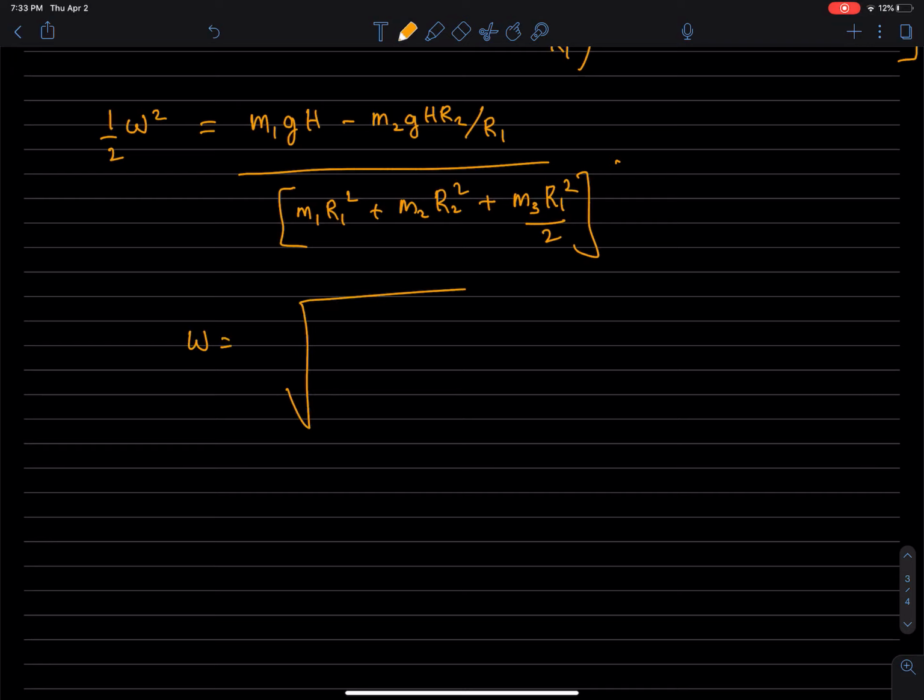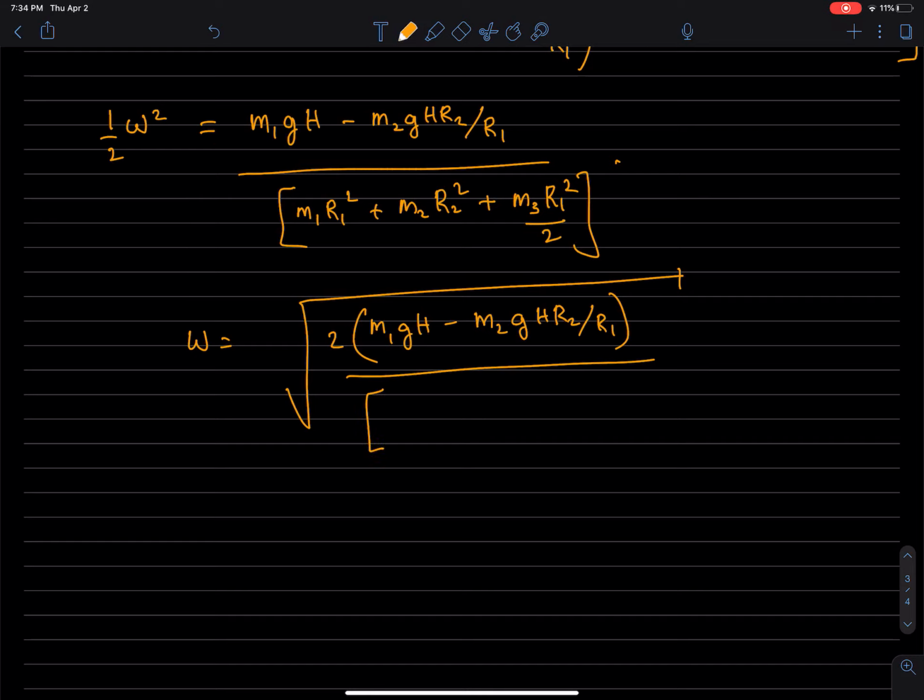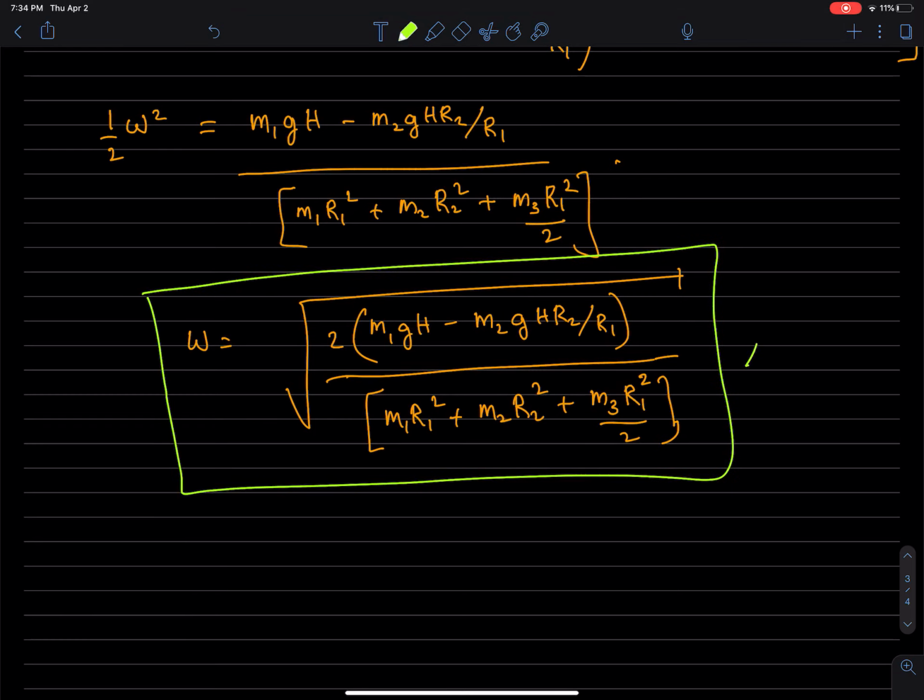Omega equals square root of this whole thing. There's a 2 in the numerator now because this 2 goes up, and then you can pull this into the denominator, same thing as before. That's going to be your final answer.